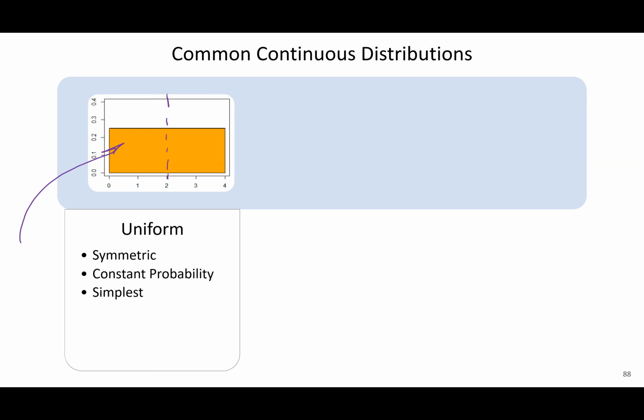You have a range of values and you have one height. There's no fluctuation. It's just a rectangle. It's constant probability. It is the simplest by far. Absolutely, you can use integration here, but if you're comfortable finding the area of a rectangle, you could also just use width times height.